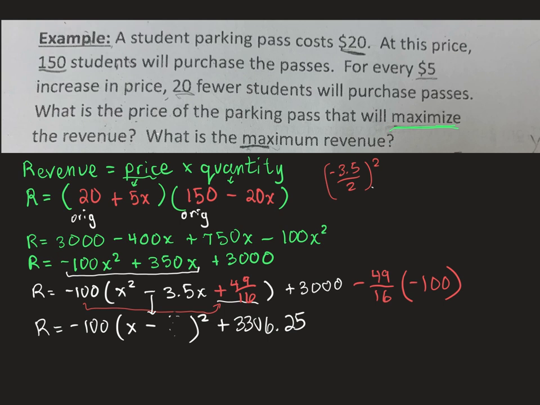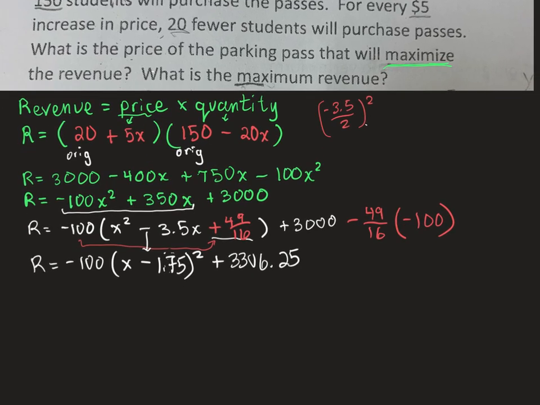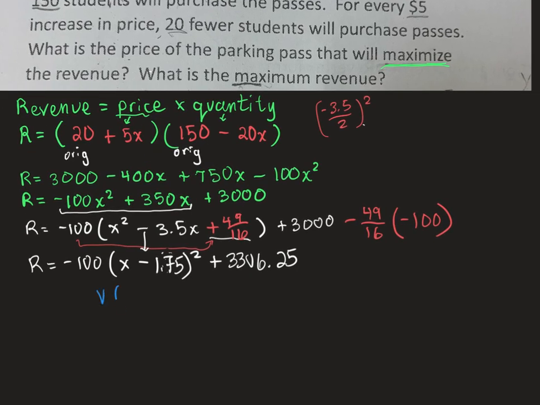So that would be 1.75. There we go. Okay, most importantly, once you get it in vertex form, which we now have, you want to write down what your vertex is. So it'd be positive 1.75, opposite of what you see inside there. And then 3306.25 would be your y-coordinate of the vertex.